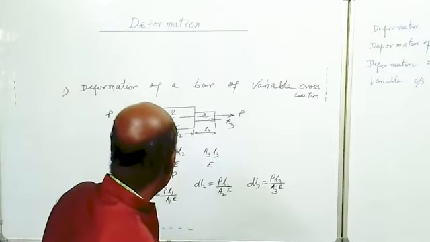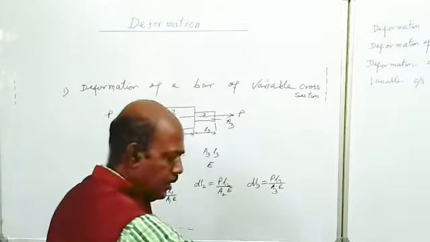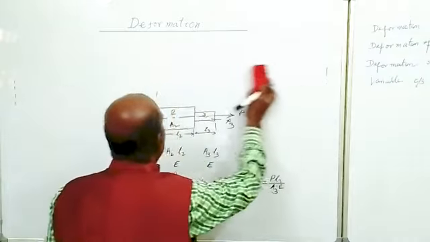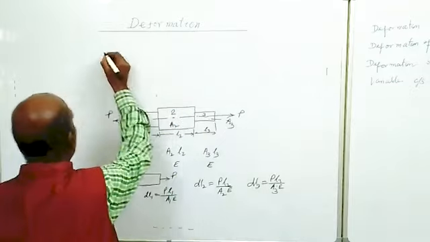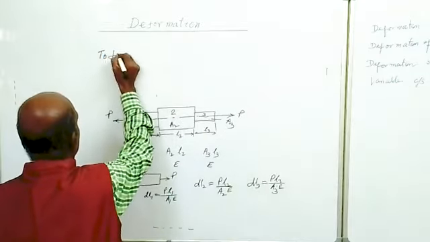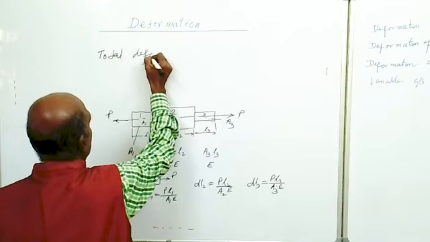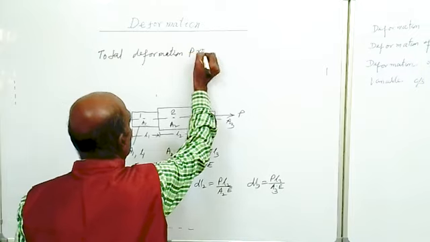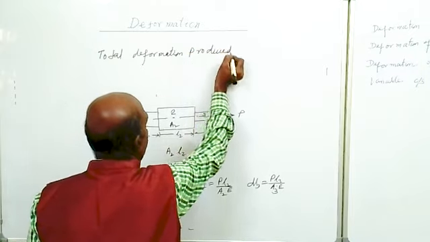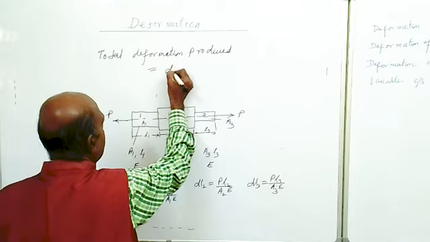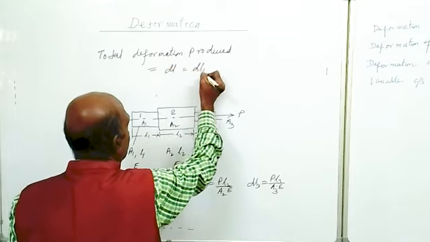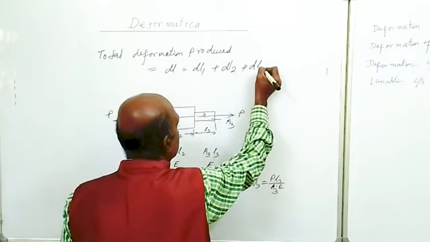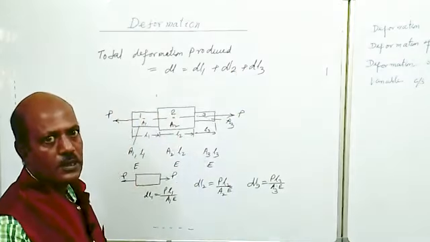Now the total deformation of the bar we can easily calculate. The total deformation produced, dl, is given by dl1 plus dl2 plus dl3, the sum of the deformations of all the sections.